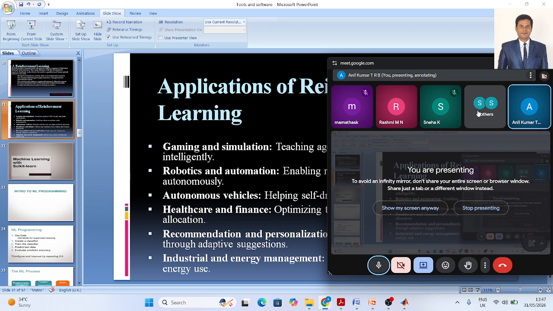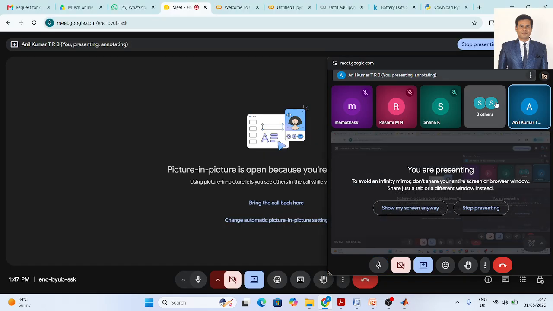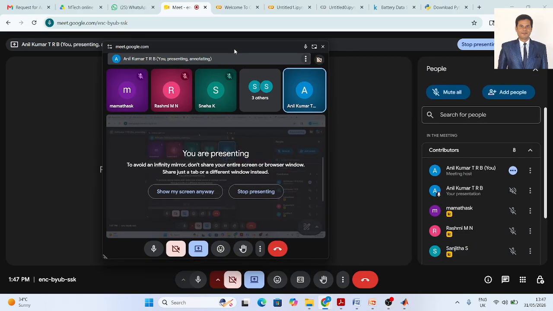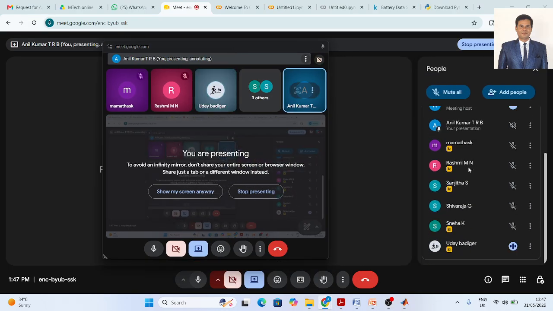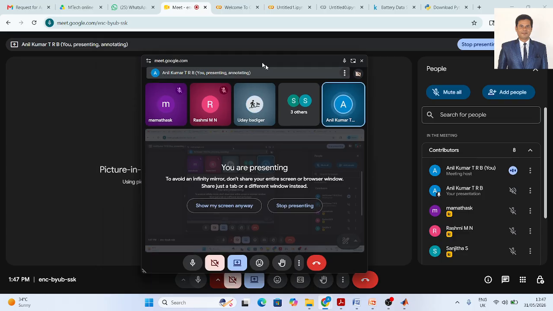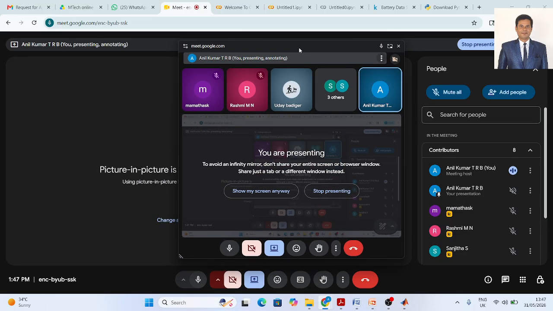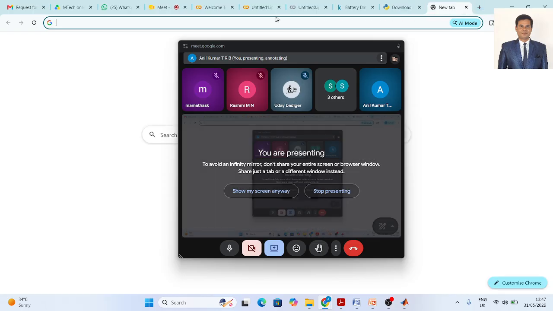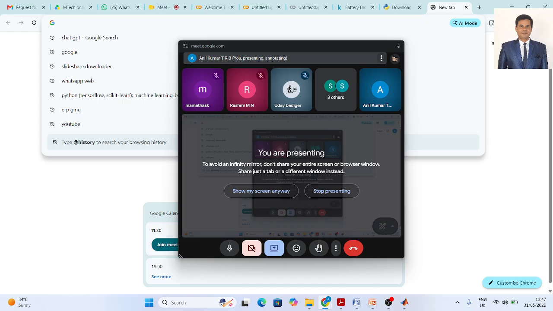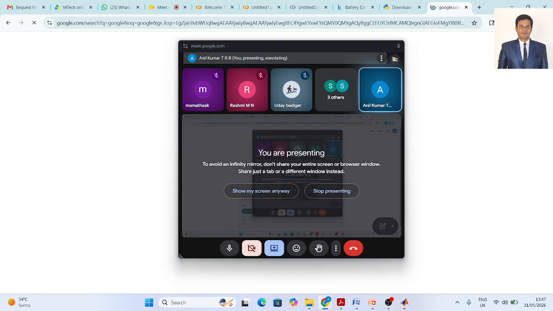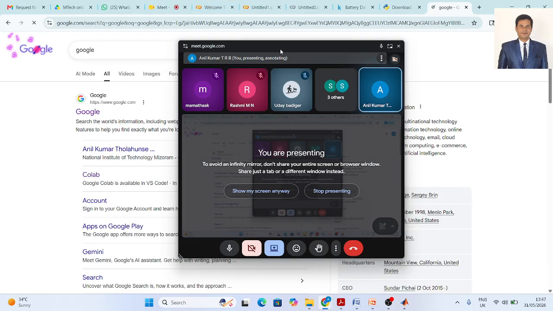Okay, Sneha? Yes, sir. So try to open Google on your mobile or a laptop. Uday? Yes, sir. Open Google on your laptop. Okay, you try to open it. Yes, sir. You have opened it?